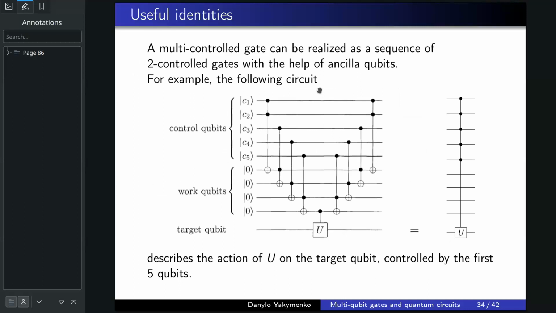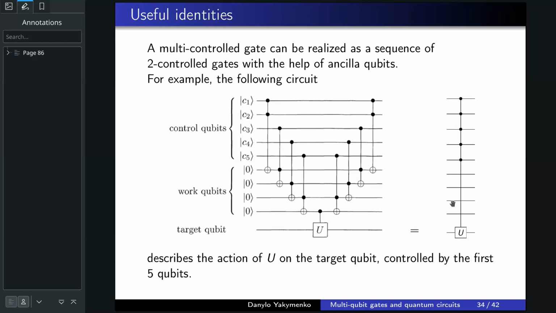For example, look at this situation. Here the first 5 qubits are the control qubits, and the last qubit is the target qubit where the action of the single qubit unitary U happens.